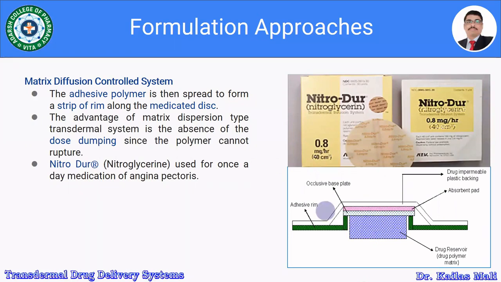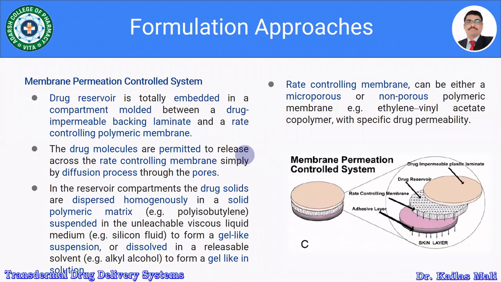An example of a matrix diffusion controlled system is Nitrodur, a nitroglycerin patch used for once a day medication of angina pectoris. So this is about the matrix diffusion controlled system. The next approach is the membrane permeation controlled system.